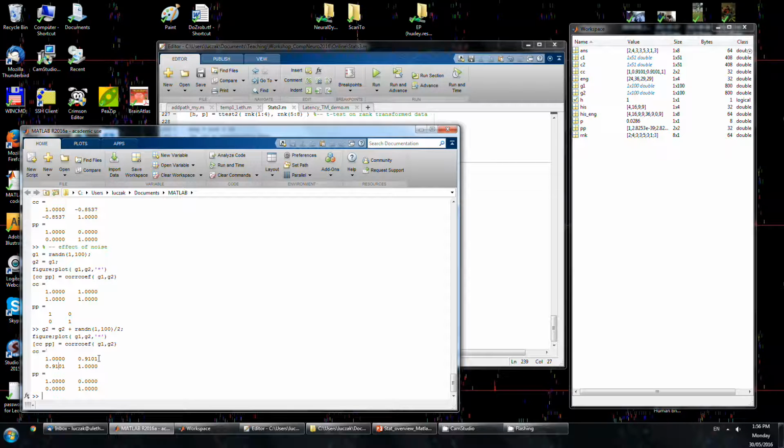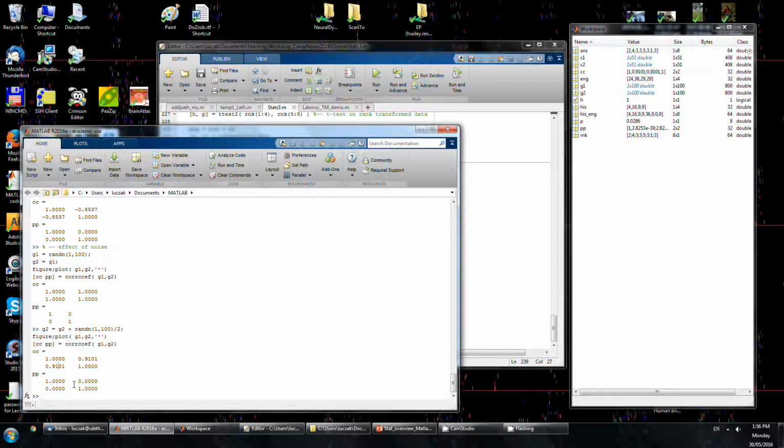So the results are in this matrix form, and the reason is that you can give an array as an input to this corrcoef function, and it will calculate correlation coefficients between all rows of the array. The second output of this function is the p-value.